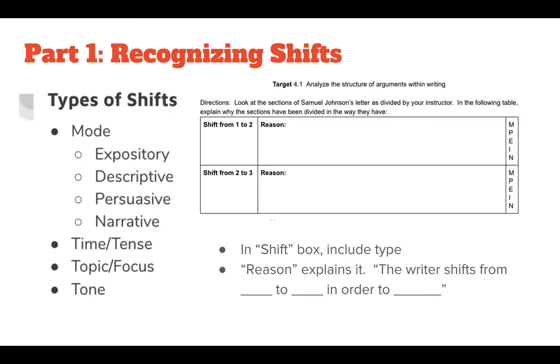Just because someone used descriptive language somewhere in the paragraph does not make it descriptive mode. They have to describe something completely in order to be in descriptive mode. Persuasive, where the author goes from informative to persuasive, maybe an active role of persuading someone to believe or to do something. And narrative mode is telling a story, either someone else's story or your own story.